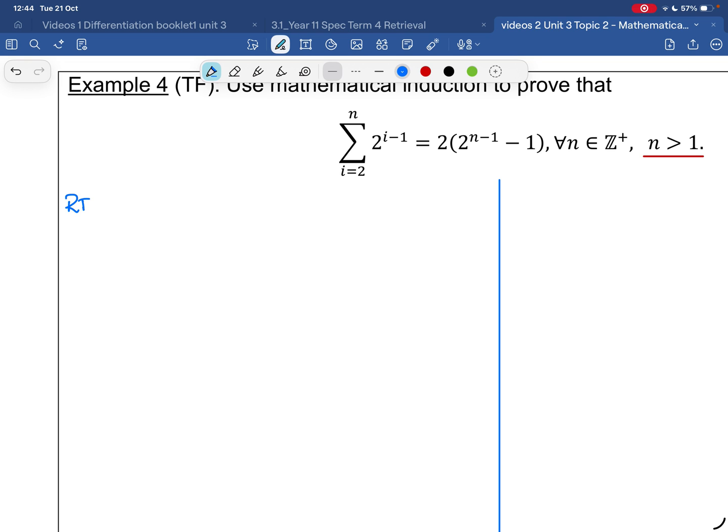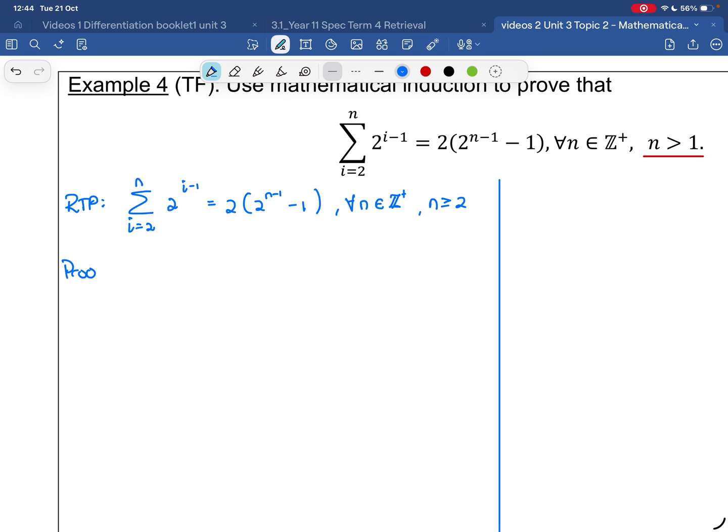So required to prove that the sum from i equals 2 to n of 2^(i-1) is 2 times (2^(n-1) - 1) for all n positive integers, and n is greater than or equal to 2.